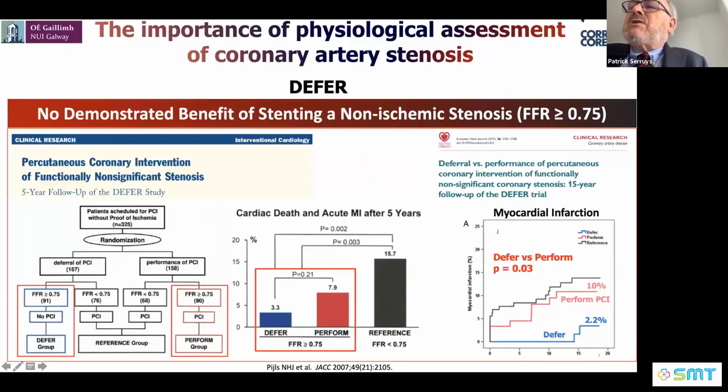And what is amazing is that we are now 15 years later, and as you can see on the right-hand side in DEFER, the rate of events is 2.2% after 15 years. So 5 years follow-up and 15 years follow-up have demonstrated that you can defer the treatment of a stenotic lesion that is not flow limiting. Next slide.